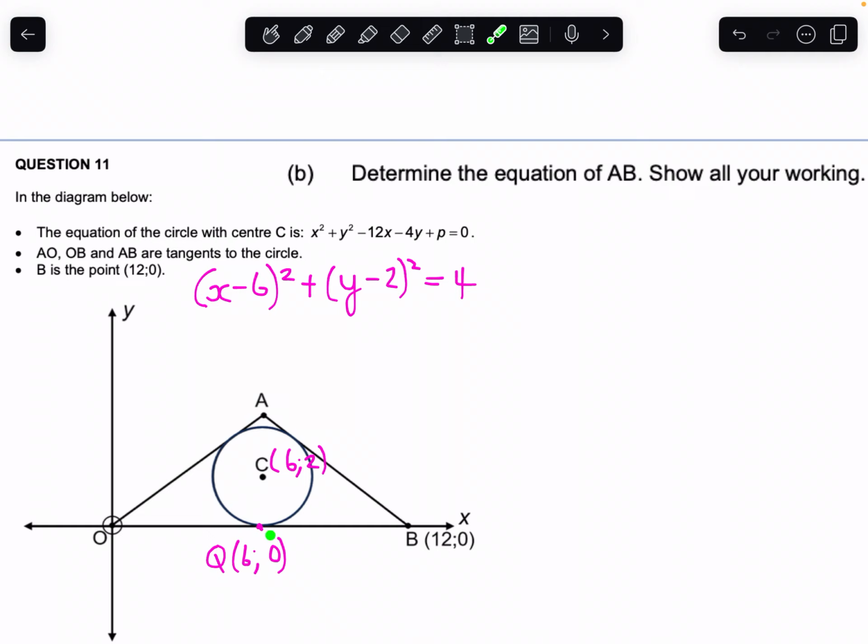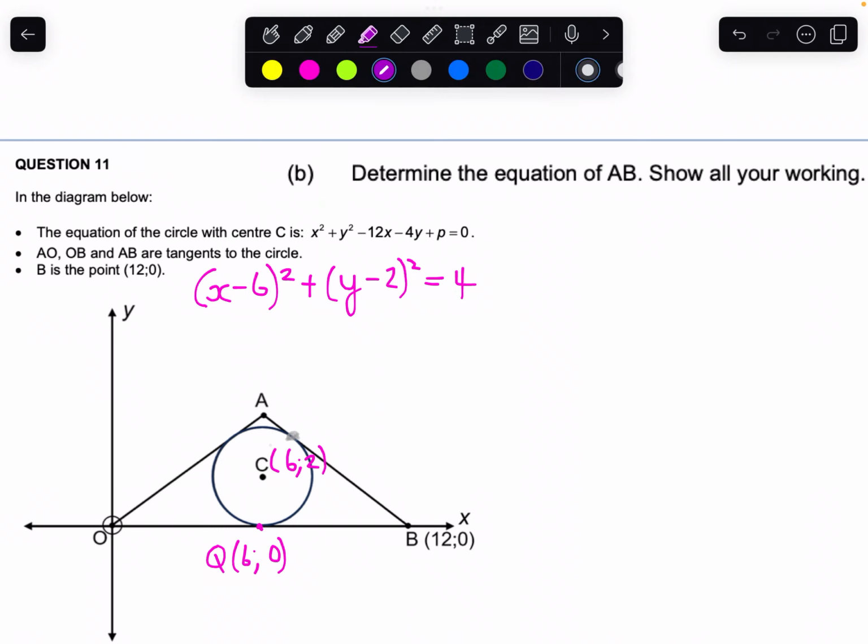So I'm looking at this tangent and this tangent and thinking, okay, well, not specifically from here, from this point of contact, right? These two are the same length because they meet at the same point B, and we know that this length is 6 units, so I don't know if this can help us. It's just one thing that comes to mind.